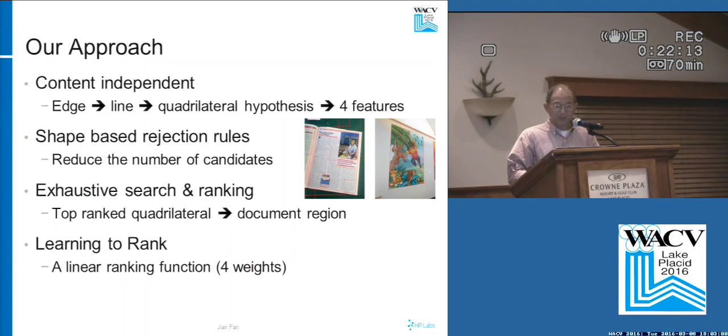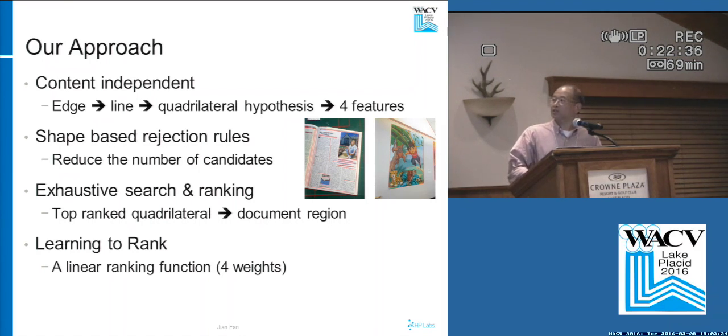So in the paper, we derived some shape-based measures to try to eliminate some candidates. After we make some eliminations, we do an exhaustive search, basically looking at every candidate quadrilateral. And then we need to do ranking.